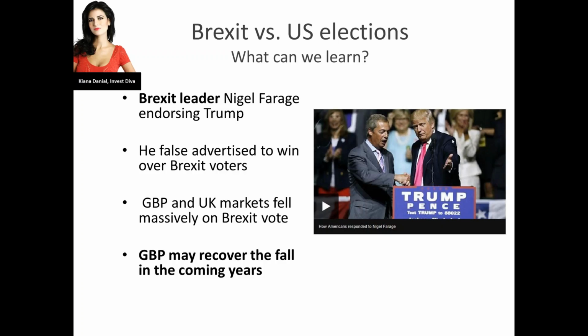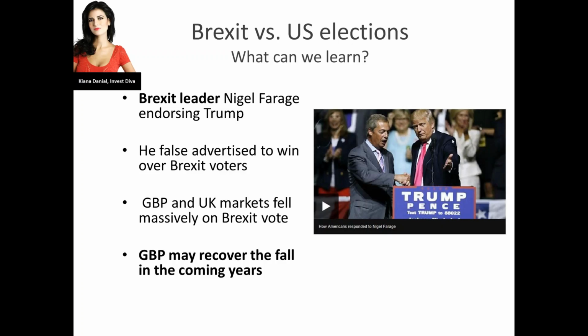And so, a little bit about Nigel. He false advertised to win Brexit. After Brexit voters won that referendum, it turned out that a lot of the things that he had promised were false.